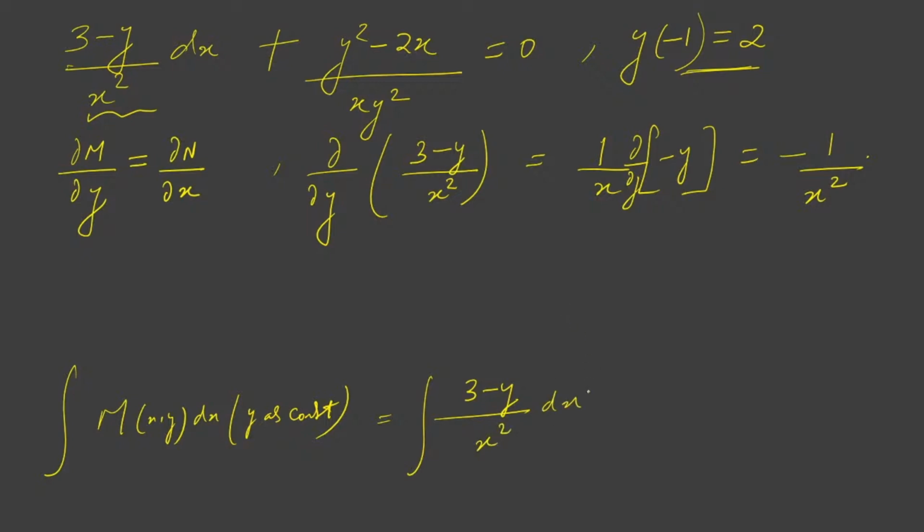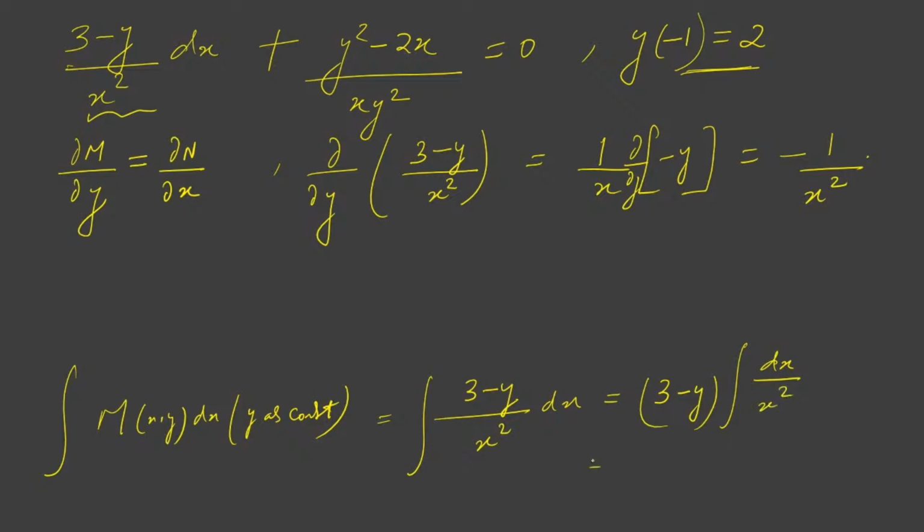Right? So the solution, so 3 minus y, your numerator part, treating y as a constant, so both are constant, so we can just neglect it or keep it as a constant. So dx by x square is the integration part.